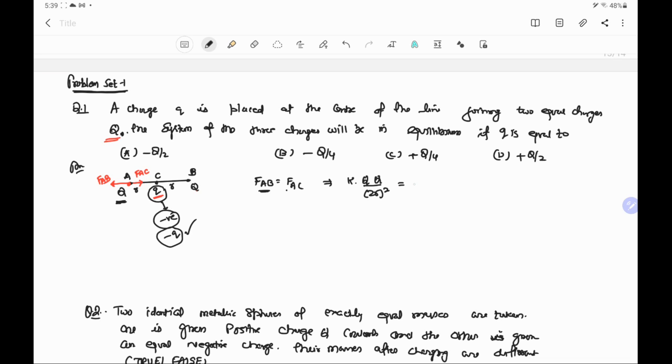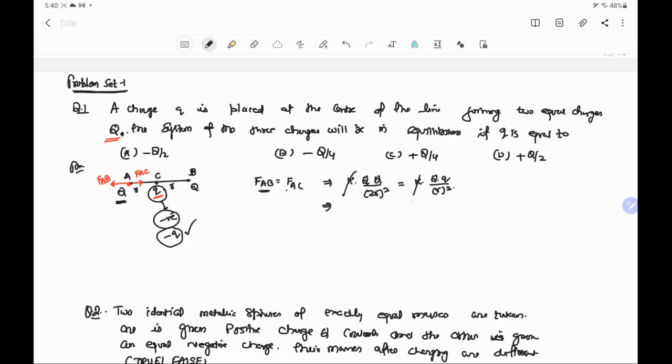It should be equal to the Coulomb force on A due to C. It is again K times the charges Q and small q, divided by the distance between them, R, squared.